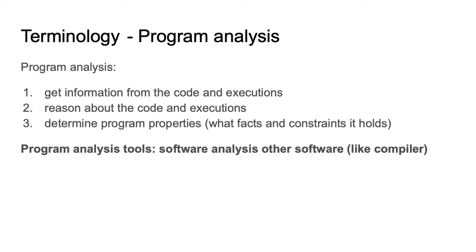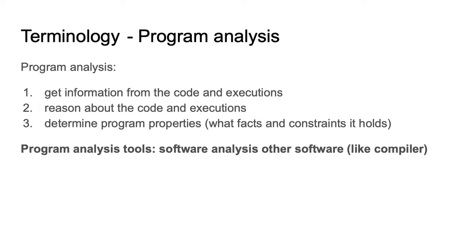Before I begin with our algorithm, I need to clarify what program analysis is. It is to get information from code and executions, reason about the code and executions, and determine the program properties. The program analysis tool ultimately is a software analysis of other software, like a compiler.